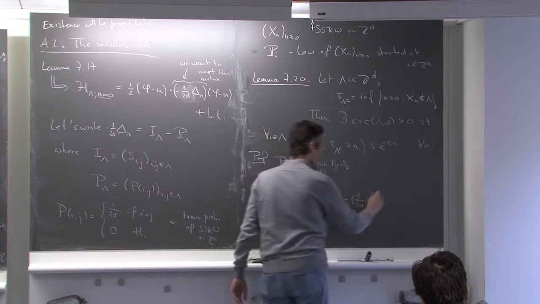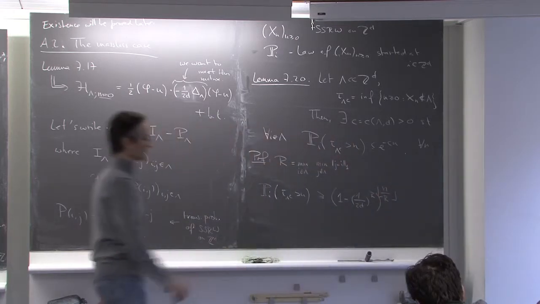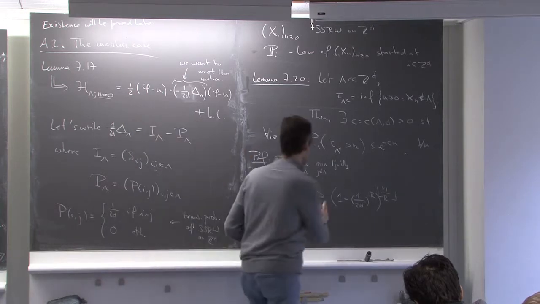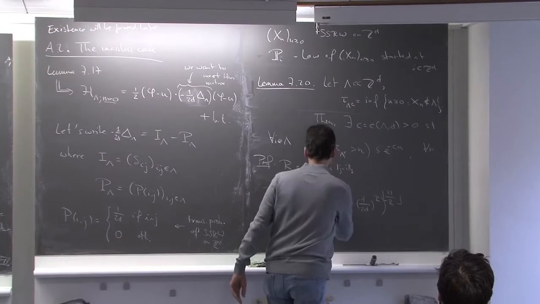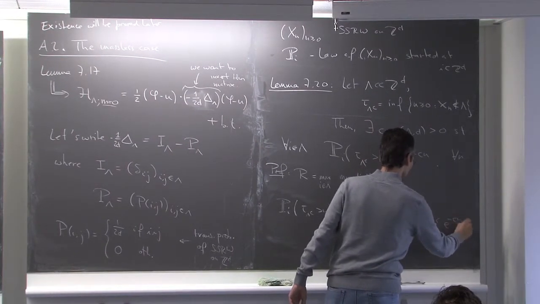And then I have to do that n over R times, say, the integer part. Of course, it's like that. And then this is smaller than e^{-cn}.